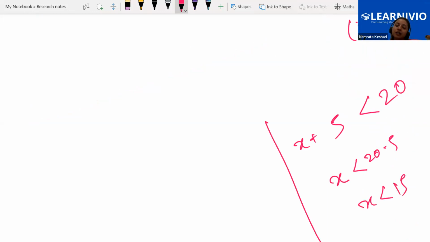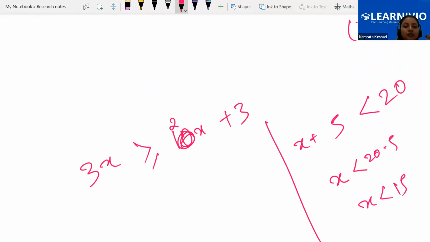If the inequality is 3x is greater than or equal to 2x plus 3, then the way we solve the equation, we take 2x to this side, and get x greater than or equal to 3.